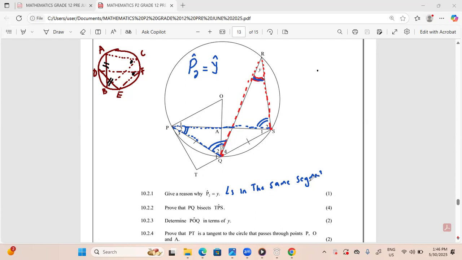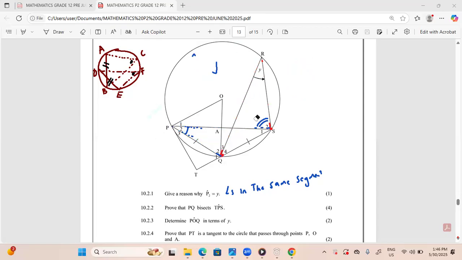Okay, now the question says prove that PQ bisects TPS. Actually, prove that PQ bisects the angle P in triangle TPS. Remember, if we write it this way, TPS with an asterisk here, we are saying focus on angle P in triangle TPS. So let us look at this angle P in triangle TPS.